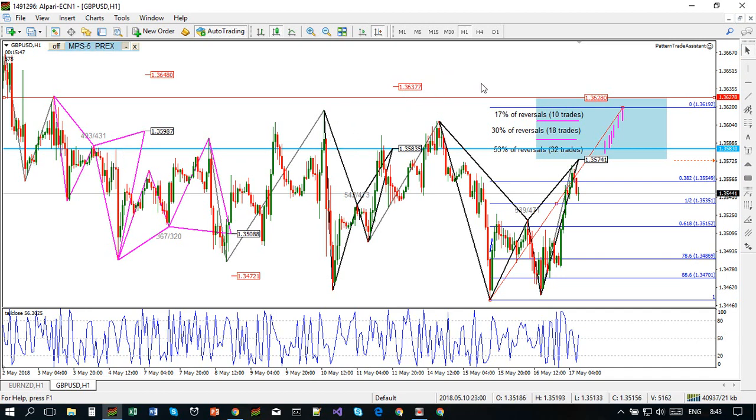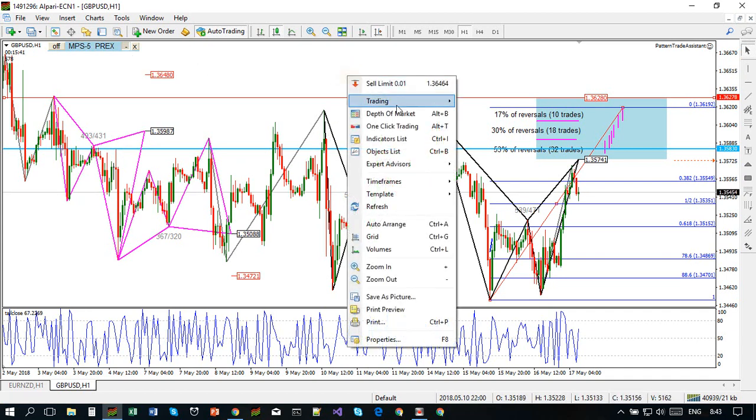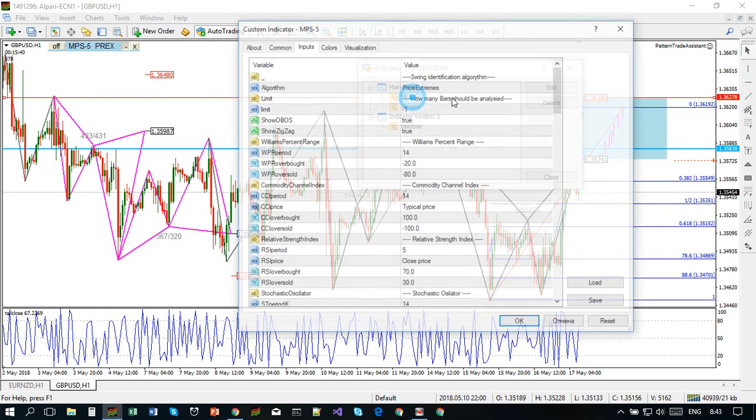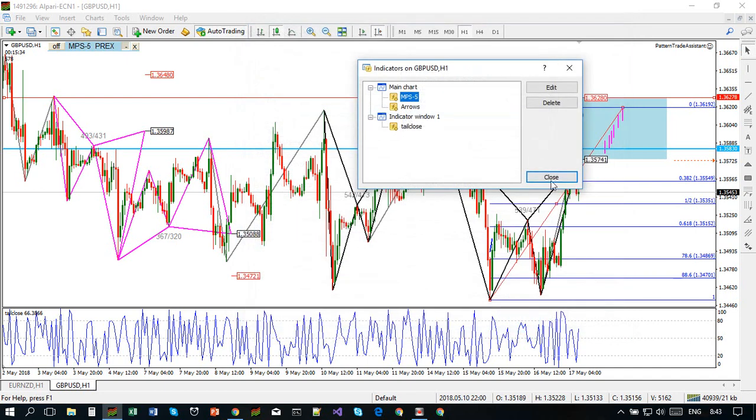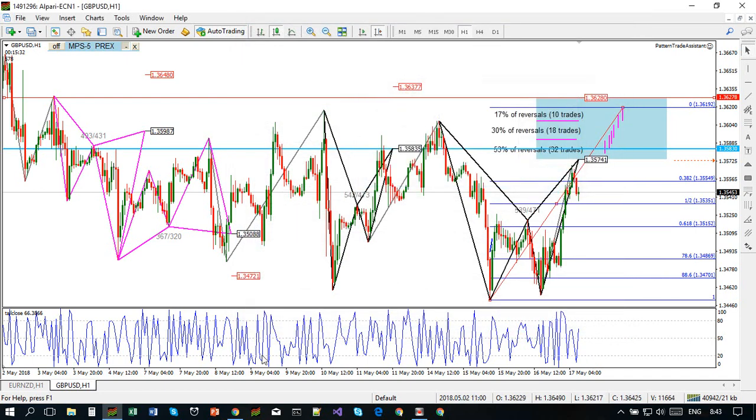And finally, nowadays we have it this way. Let me disable that. Only 500 bars. I want 500 bars to be analyzed, because 500 bars is actually this active window that I have in front of my eyes. So if I switch that off, it prevents the constant recalculation.